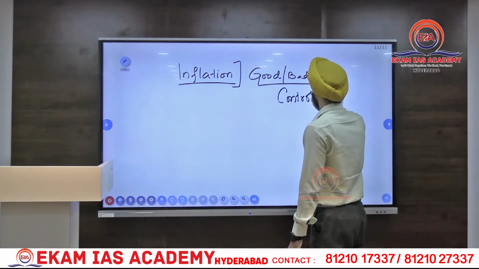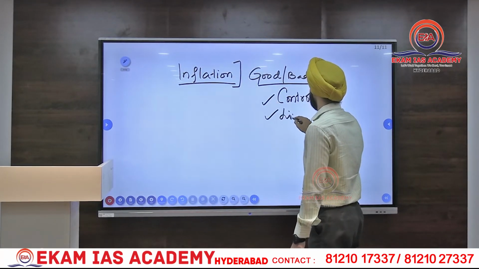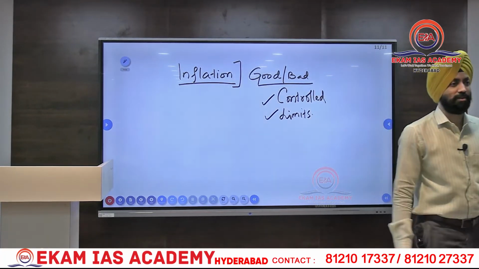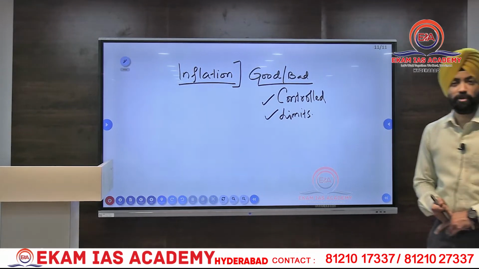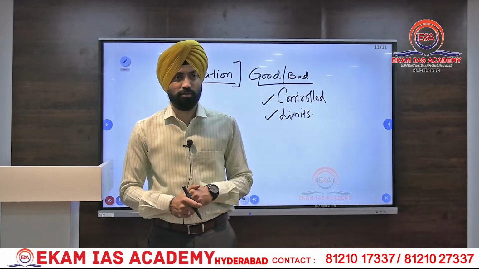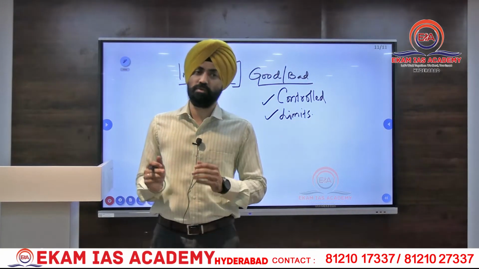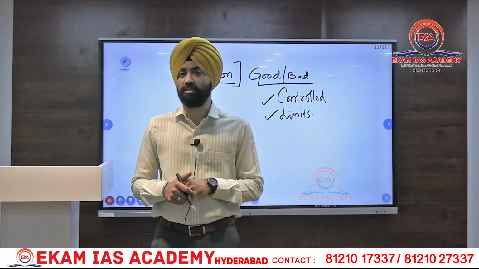Somebody said if she is controlled, she is good. Somebody said if she is within the limits, she is good. But nobody has been able to do either of it. Now you tell. How do you define that this percentage of inflation is good? Is there any benchmarking at international level?